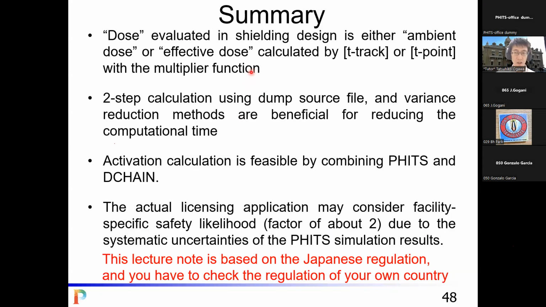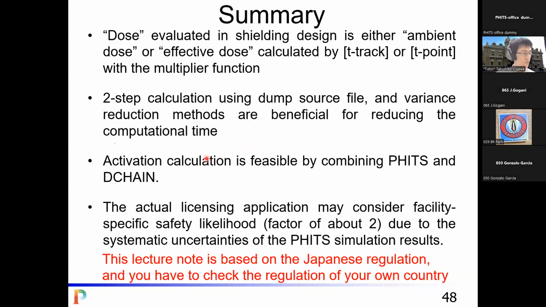But depending on your calculation condition and the requirement given by the radiation regulation authority, please choose the appropriate quantity to calculate. A two-step calculation using dump source and variance reduction methods is beneficial for reducing the CPU time, because CPU time really counts in practical shielding calculations.